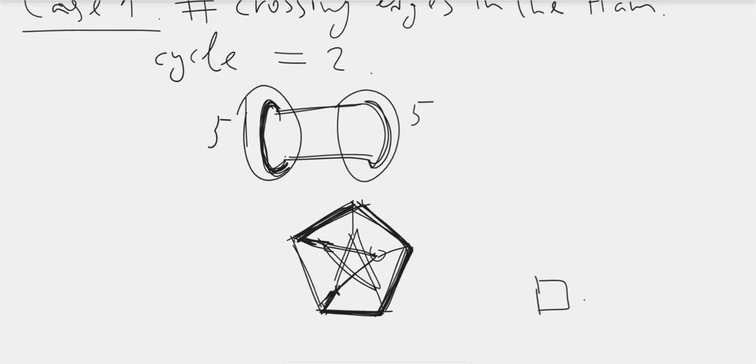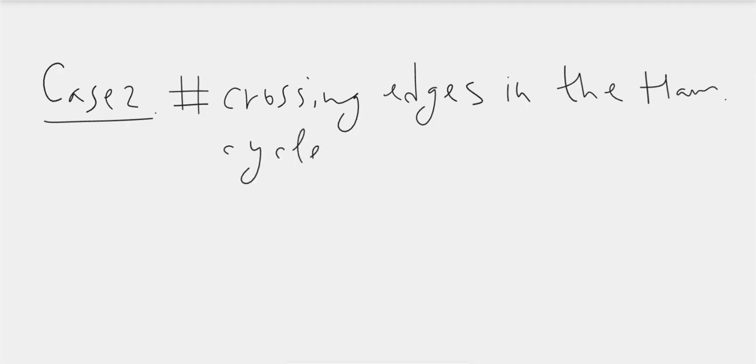So now case 2. The number of crossing edges in the Hamiltonian cycle is equal to 4.